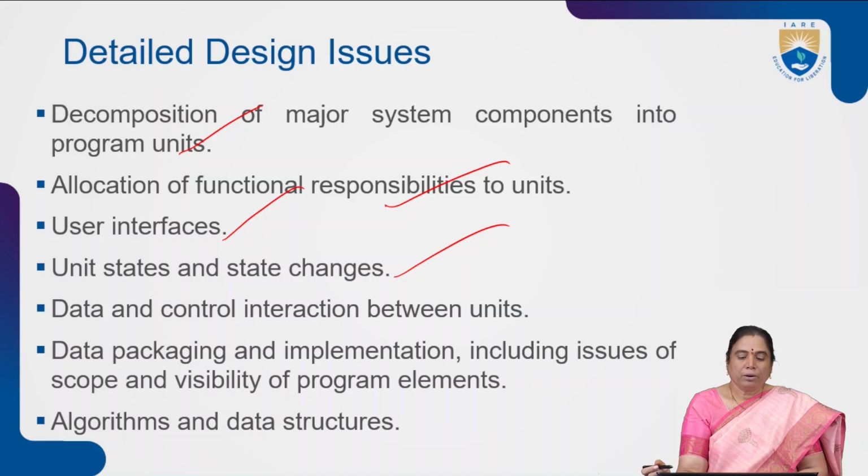The data and control interaction between the units and data packaging implementation, including issues of scope and visibility of program elements. Algorithms and data structures are greatly focused on in the detailed design. These are the major means of implementation of low-level design.